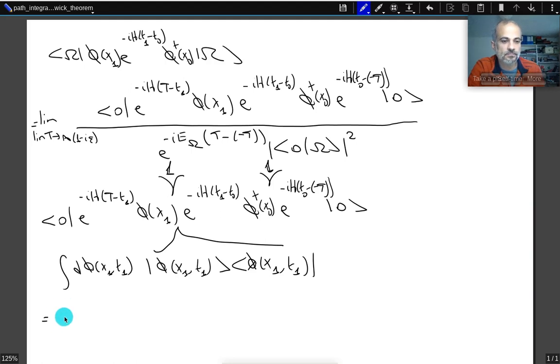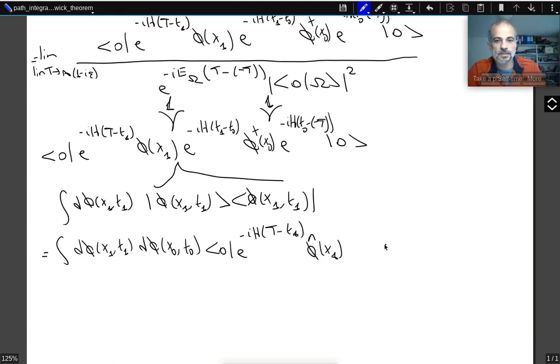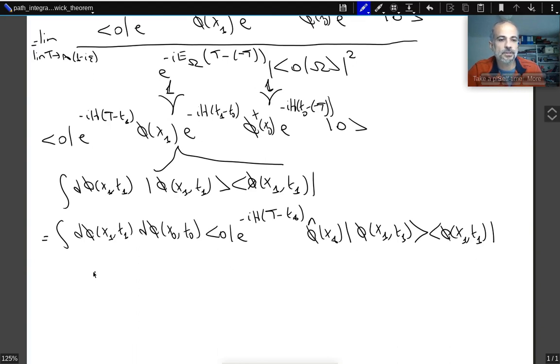I have these integrals d phi x1 t1, d phi x0 t0, and then I have the empty state, e to the power minus iH (T minus t1), phi hat of x1. Let me put a hat over here to distinguish this as an operator. Phi hat of x1, then I have these states phi x1 t1, and then I have the rest of my expression.